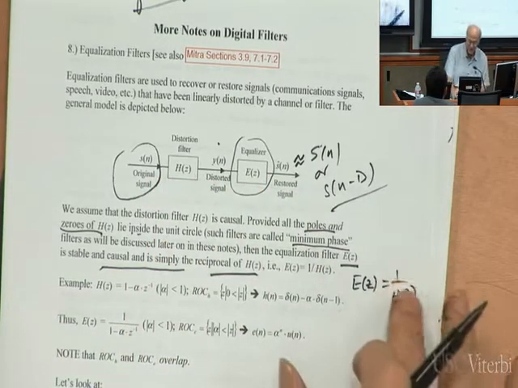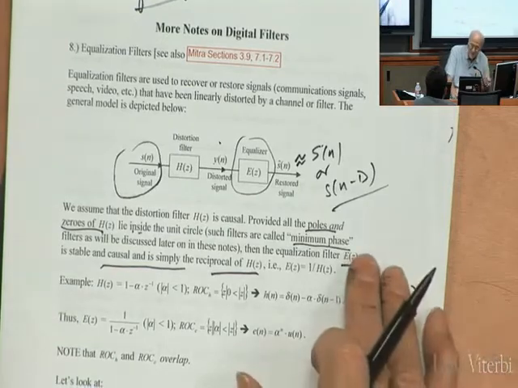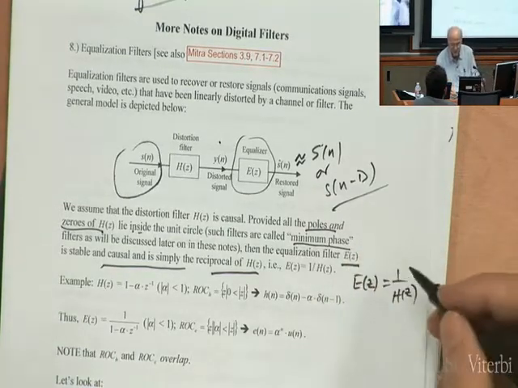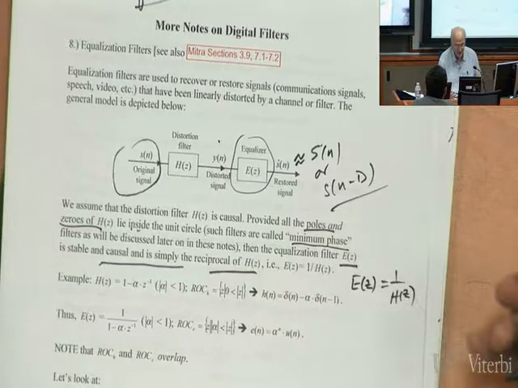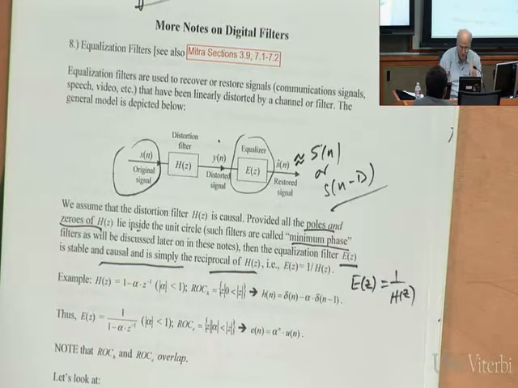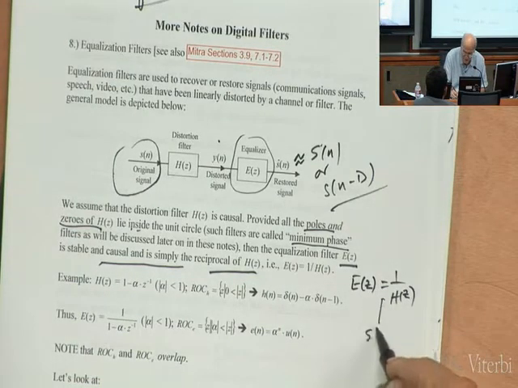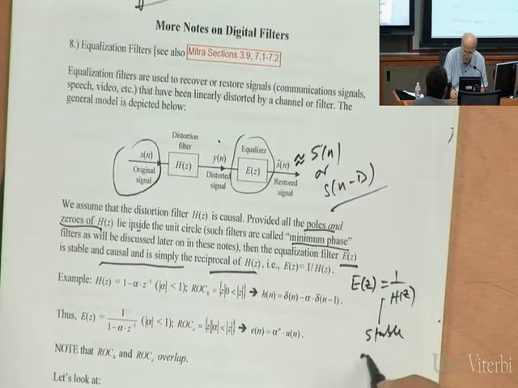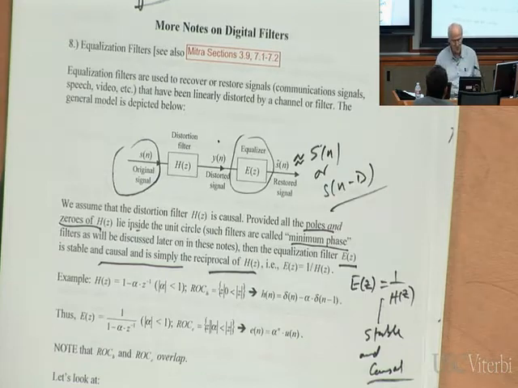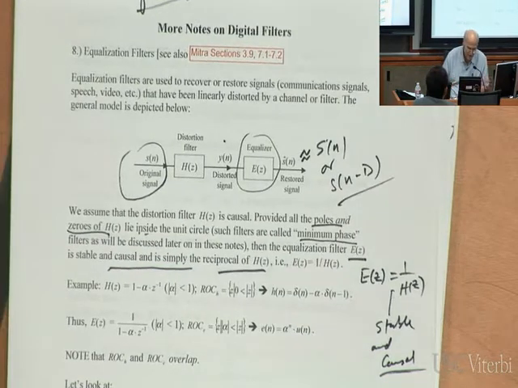So what is this thing about the poles and zeros? Why do I care? I just take 1 over H. Well, you care because you want to make sure this is stable or you can't build it, and causal. All right, so you'll see where these zeros come into play in a second.